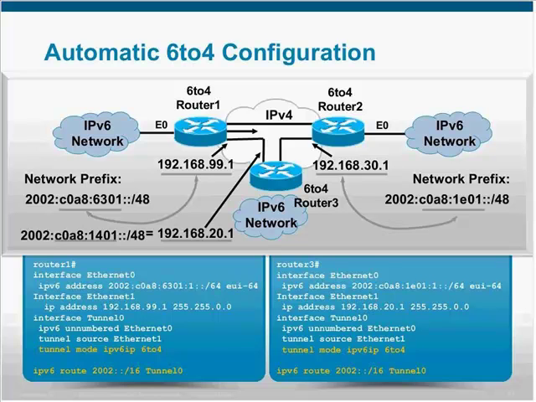We then continue with the tunnel mode, which is IPv6 IP 6to4, to specify that this is an automatic 6to4 tunnel. The last statement tells the router to send all traffic with a prefix of 2002, so all traffic that is related to automatic 6to4, to the tunnel itself.